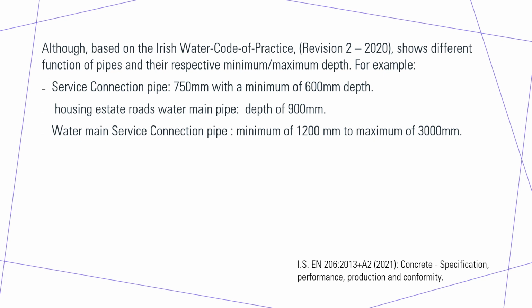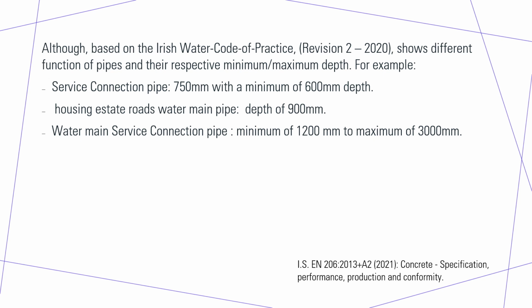Now it's very important to note that the value that we just found is not incorrect, but it also means that based on the Irish Water Code of Practice, the 700 millimeter or, for example, 600 millimeter depth is the minimum requirement. But that also does not mean that the value just found, the 70 millimeter, is wrong based on our calculations.